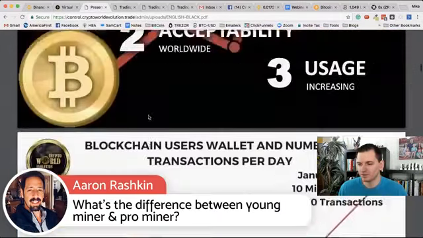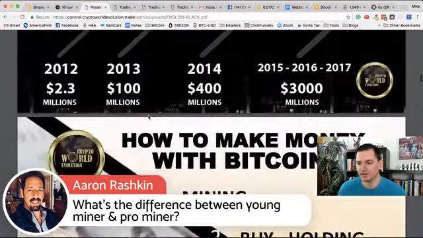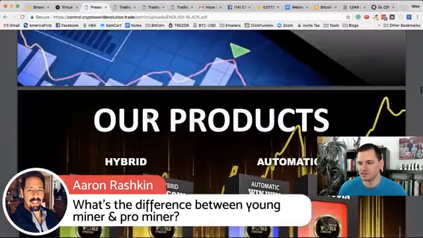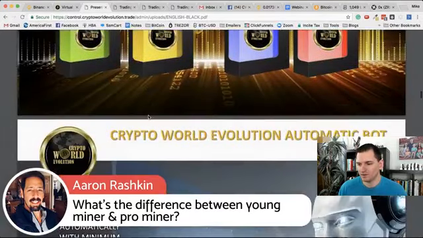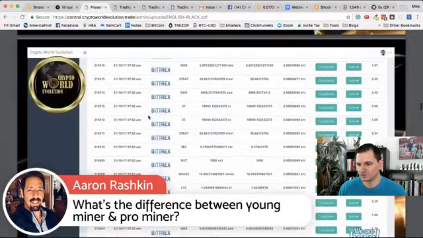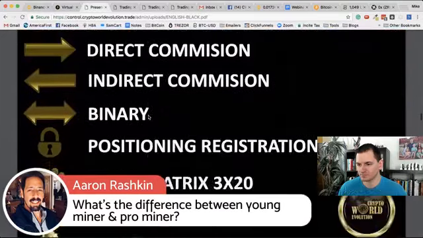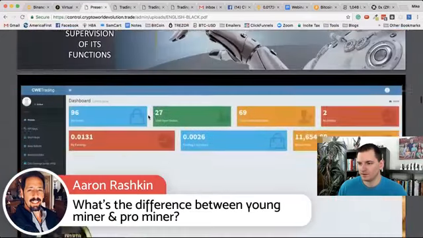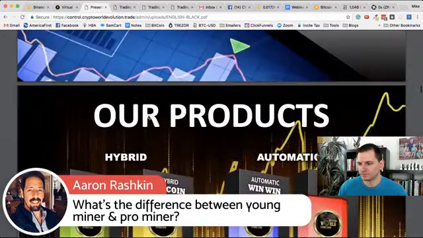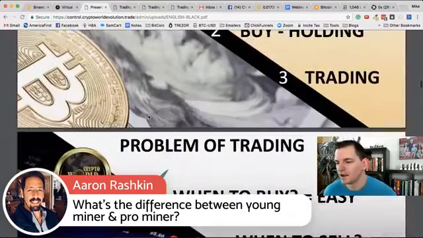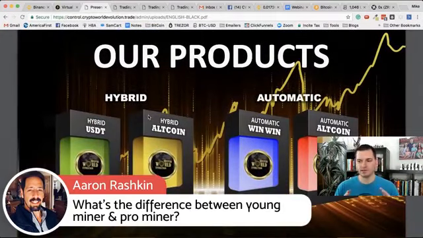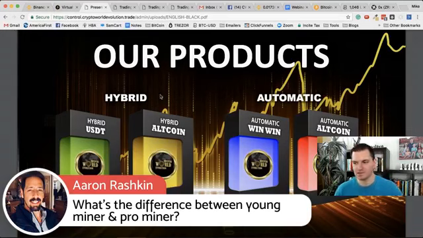I originally thought that because this PDF said that, let me go down to where it shows the products. All right. So anyway, I originally thought that the $500 level was just the hybrid and the $2,000 was the automatic and the hybrid. That's what I originally thought.